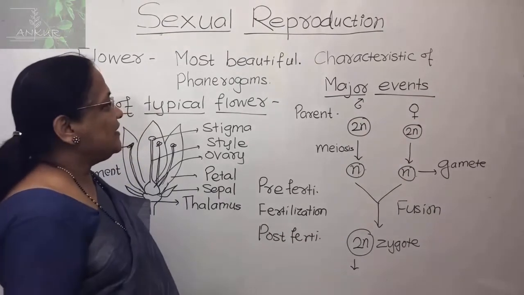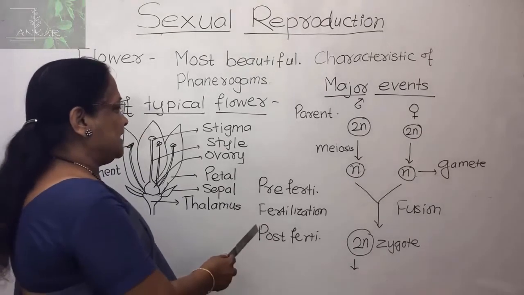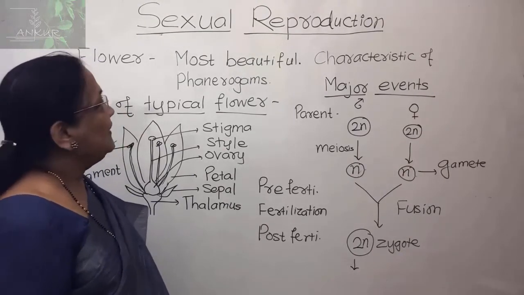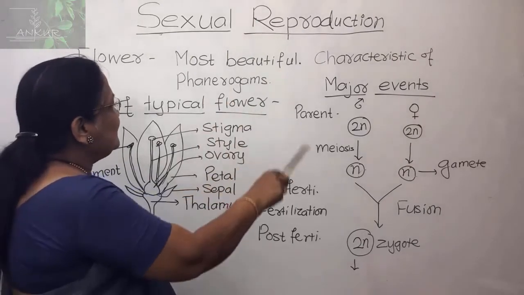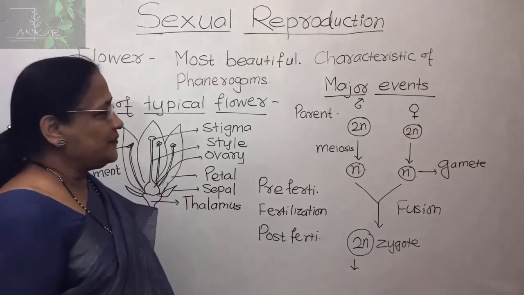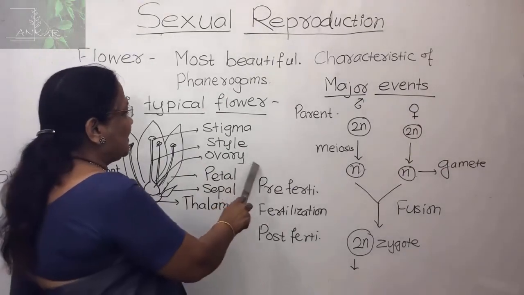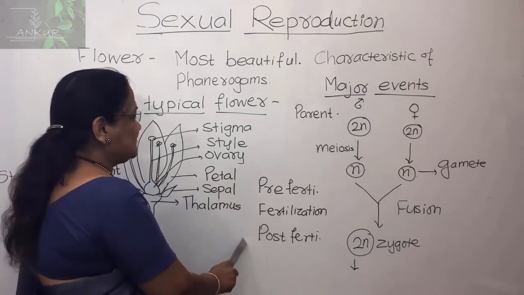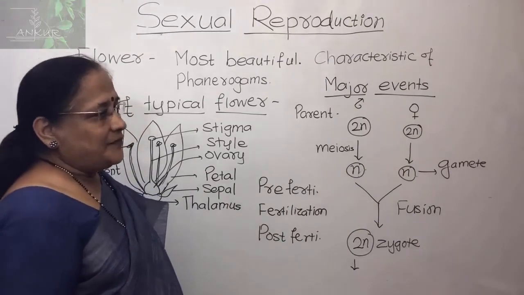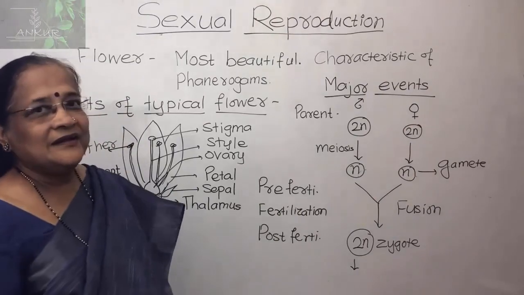After that we get the formation of the seed, and from that seed again we get the new plant. So in short, that is sexual reproduction in higher plants. In detail we are going to study these three steps in the sexual reproduction of higher plants next.